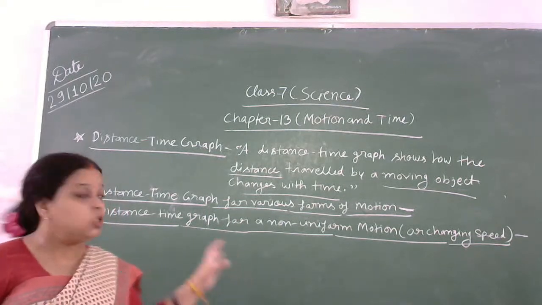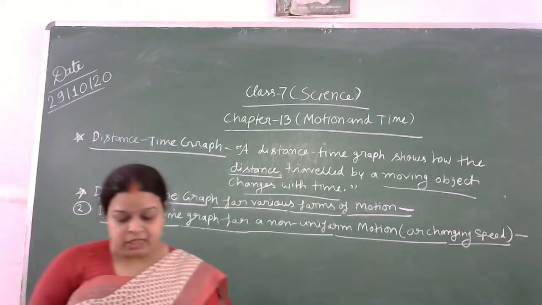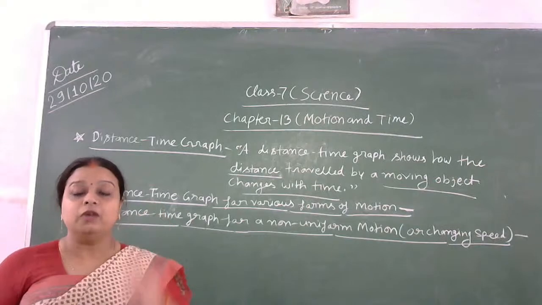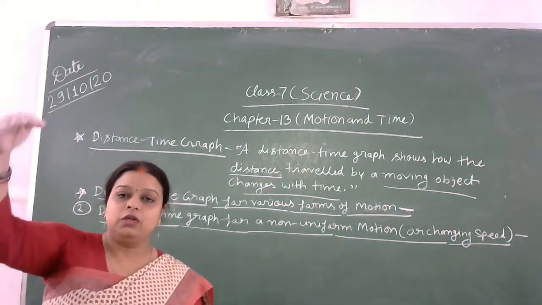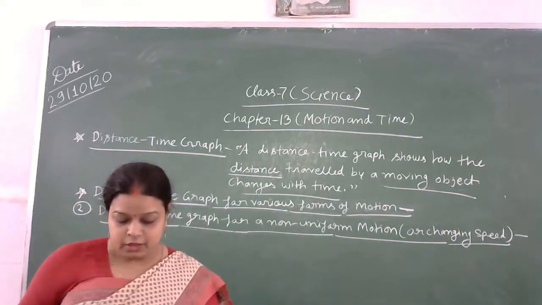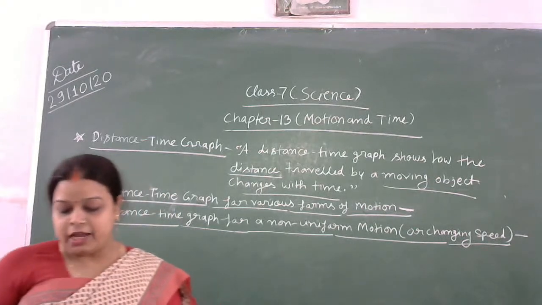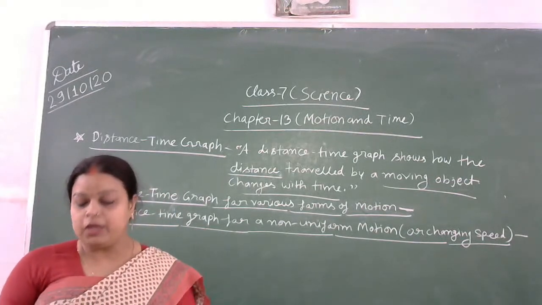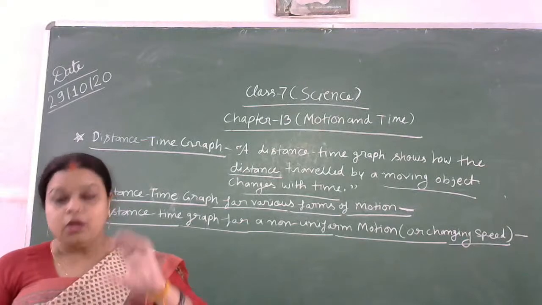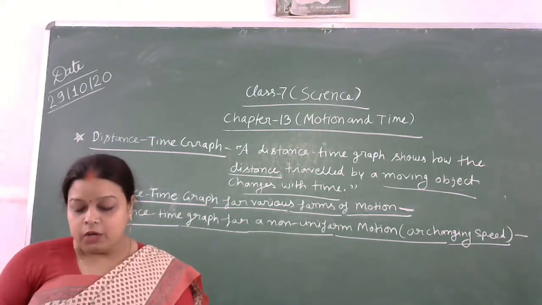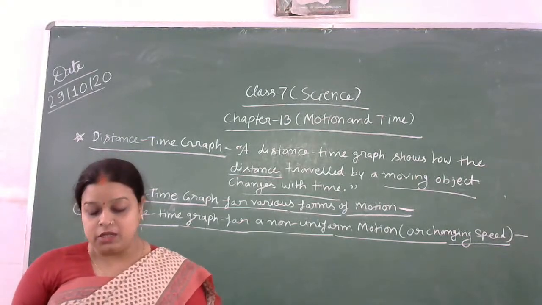In this situation, when a distance time graph is a curved line, it indicates that the object is moving with a non-uniform speed or a changing speed.